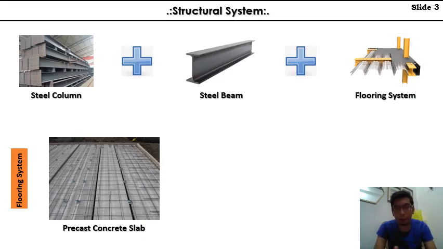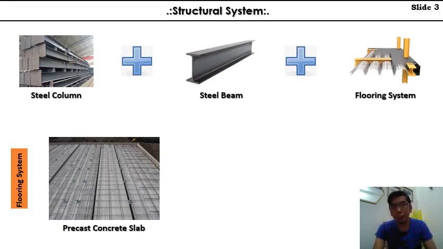This flooring system also can save up to 25% of your cost. How can you reduce this cost? During the installation process, and also the formwork cost, because this flooring system doesn't require you to use formwork.